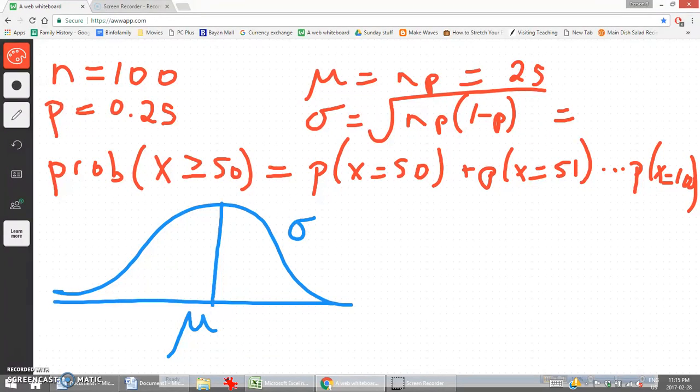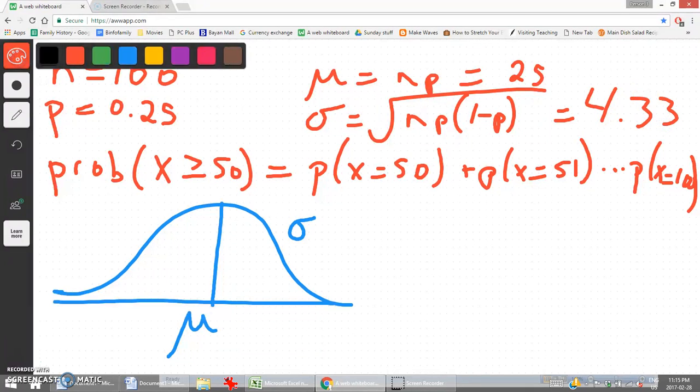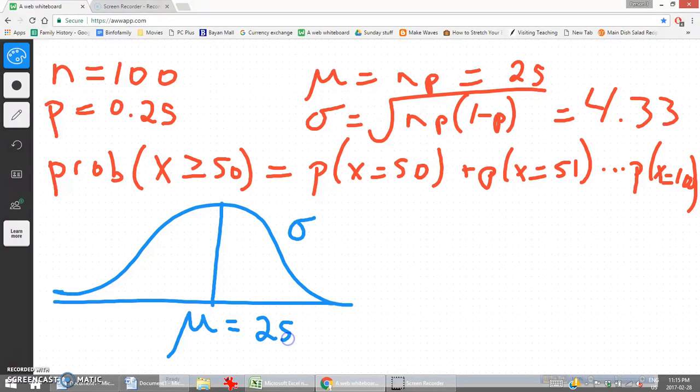So we multiply those three values, take the square root, and you should get a value of 4.33. Those are the precise values we need down here. So that's step 1 in converting a binomial distribution to a normal distribution.